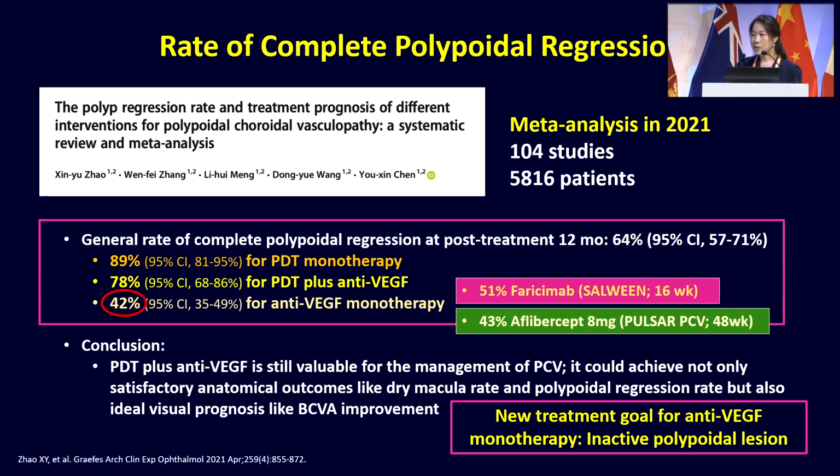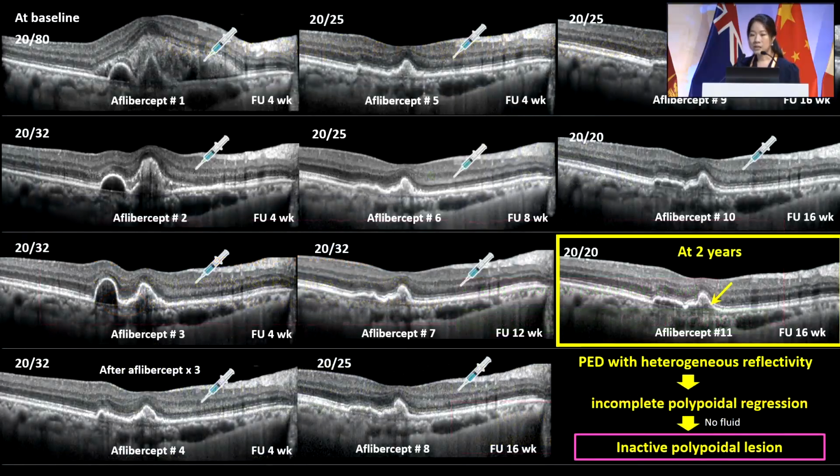So what should we do? We cannot achieve the highest complete polypoidal regression with monotherapy. So the new treatment goal for anti-VEGF monotherapy in PCV is to achieve an inactive polypoidal lesion. What is an inactive polypoidal lesion? On OCT, you can see incomplete polypoidal regression without fluid.